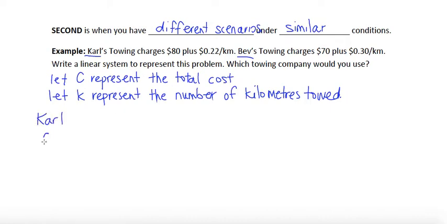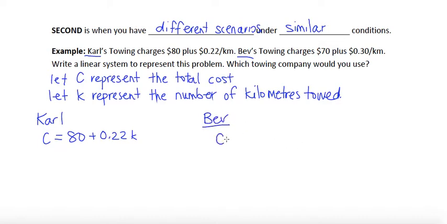So for example, Carl. So the total cost is equal to $80. So I'm going to get charged $80 no matter what. So $80 plus 22 cents per kilometer, so 0.22K. So now let's write a similar equation for Bev's.